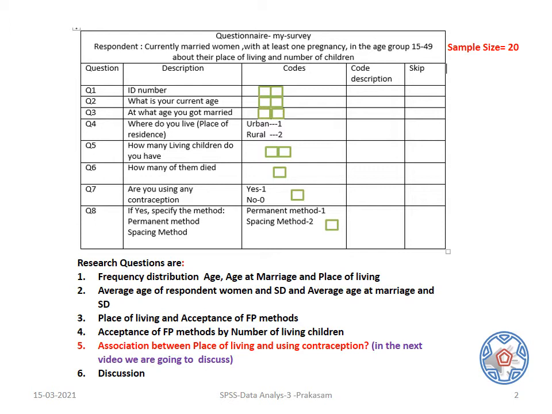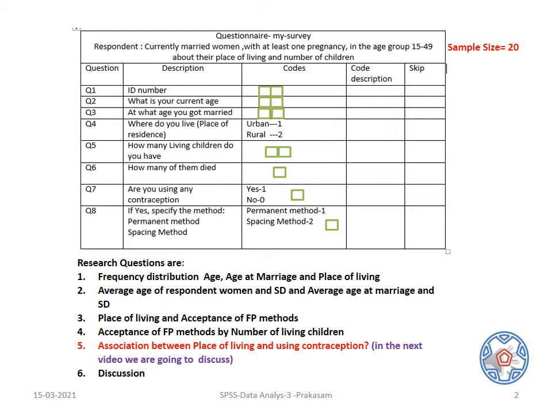You can see the questionnaire here, which has 8 questions, and a small sample of 20 that you want to collect and do the statistical analysis for. This is only for illustration purposes so that it can be extended to large surveys and large survey data analysis also.